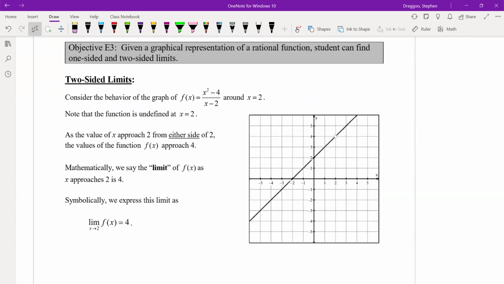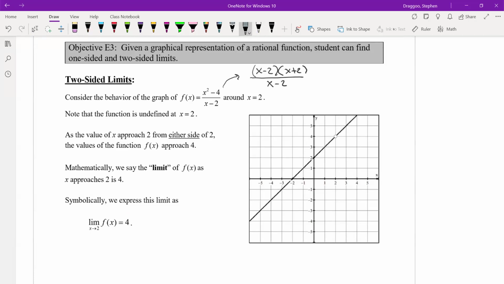All right, looking at some limits. So if I take a look at this function, x squared minus 4 over x minus 2, I could quickly see that this thing is going to simplify. Let me just do that real quick. X squared minus 4 is factorable to x minus 2 times x plus 2, and it's divided by x minus 2.